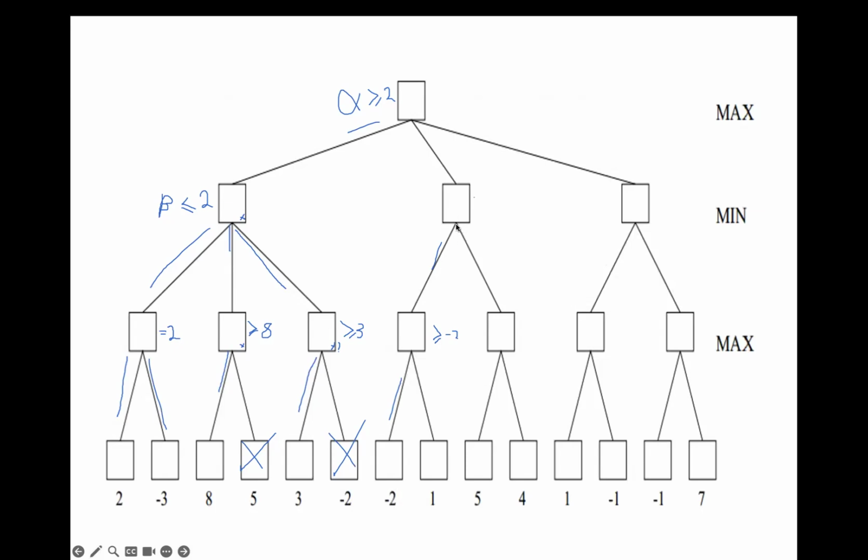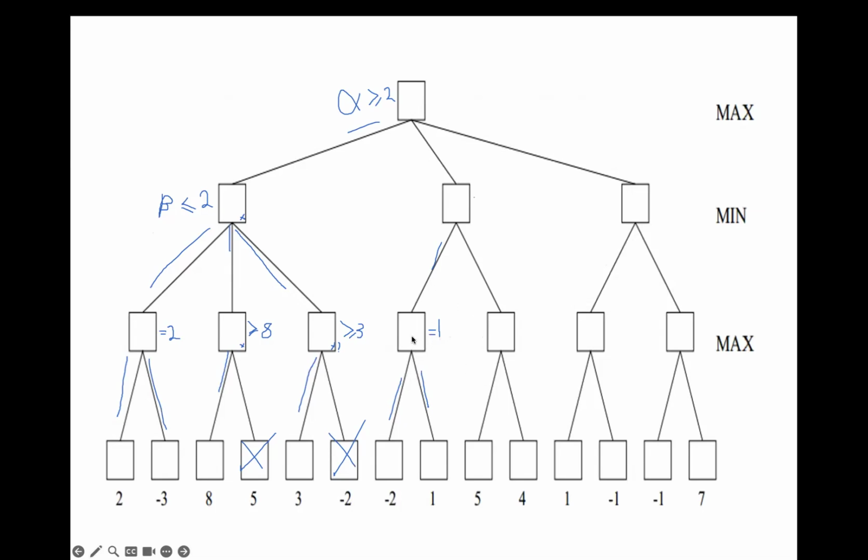Now here, we don't have any value, so we can't yet do the pruning. So we now also consider this one. So now we have a definite value. We've considered a -2 and a +1. So now we know that at this level, the value of alpha will be 1.